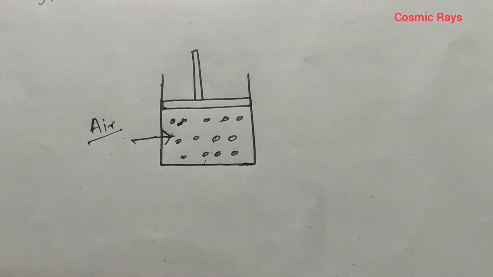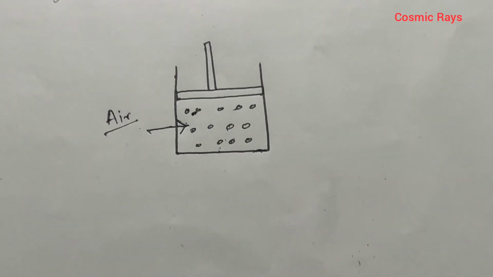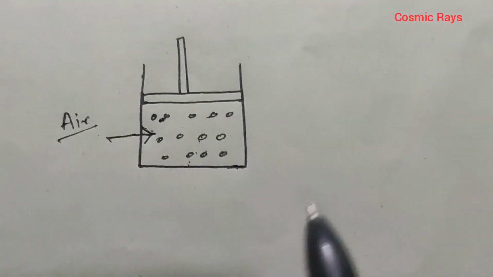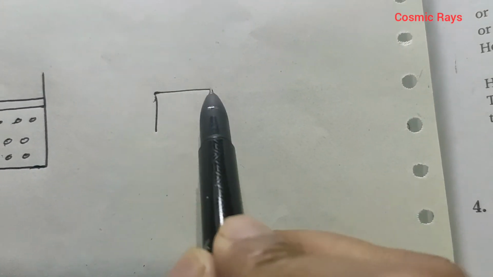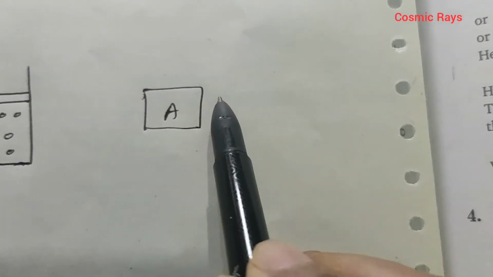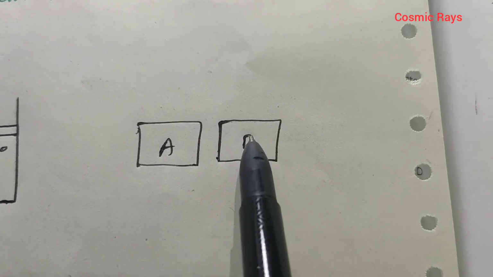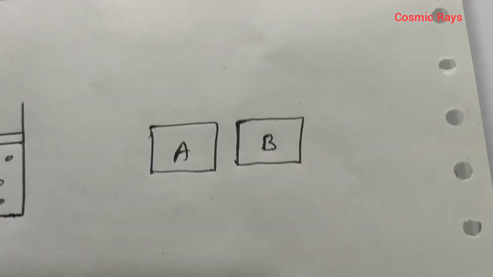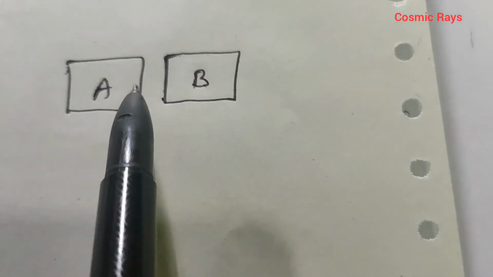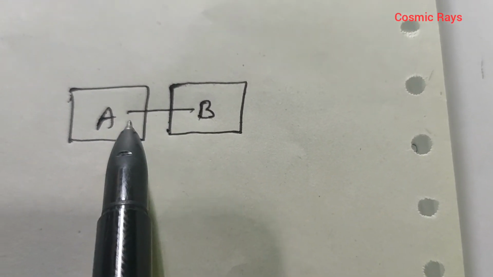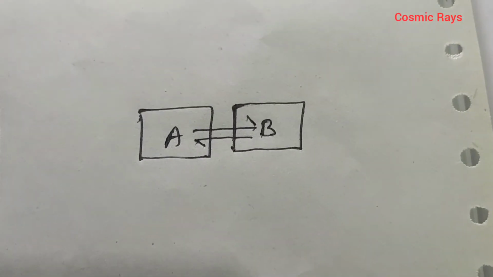Now, first of all, before we go into the laws, we will understand something called thermal equilibrium. Now, if we have, let's say, two bodies, body A and body B, and we assume that they are in contact with each other. So once they are in contact with each other, there will be definitely transfer of heat energy between the two.